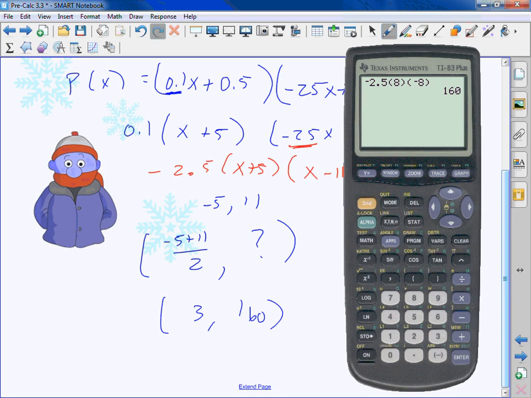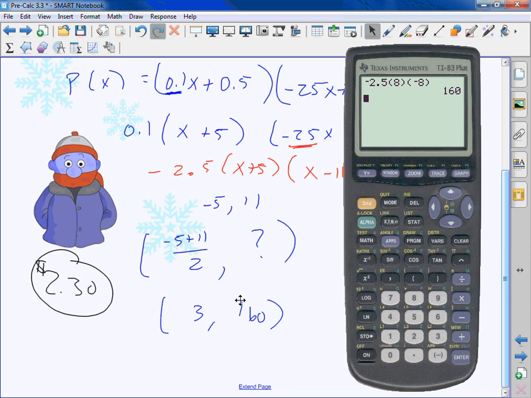How many increases should I make? 3 increases. So what's the best price for me to sell these for? 160 is how many I sell. The 3 increases will tell me how to make the most money.